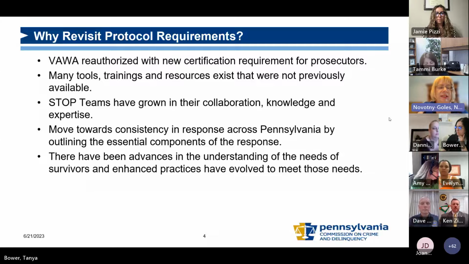We've also noticed that there's a really wide variety of the topics addressed in county protocols, and no single county protocol really addresses everything that's needed. It's important to note that PCCD, this is not a criticism of grantees for this.